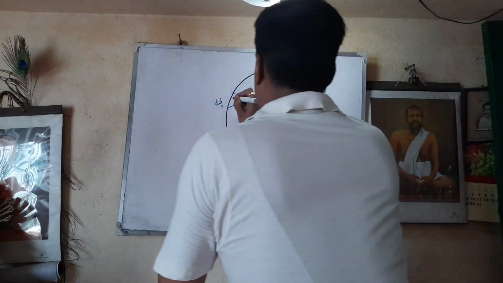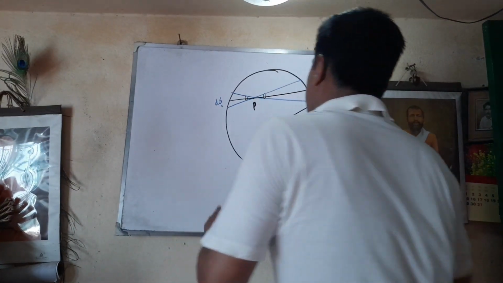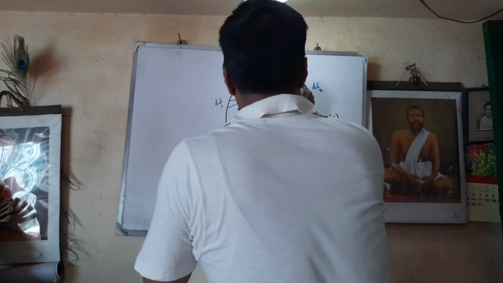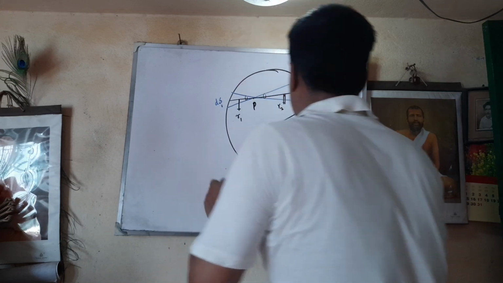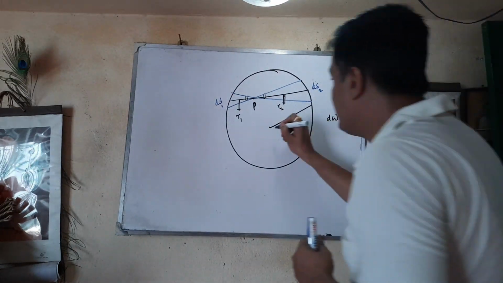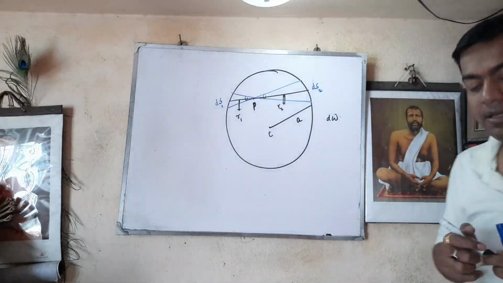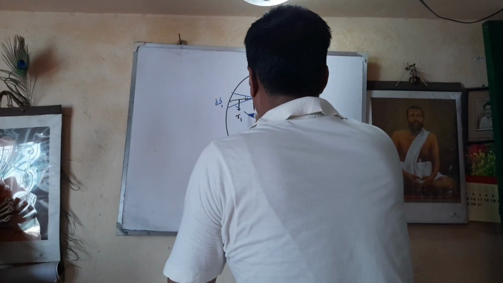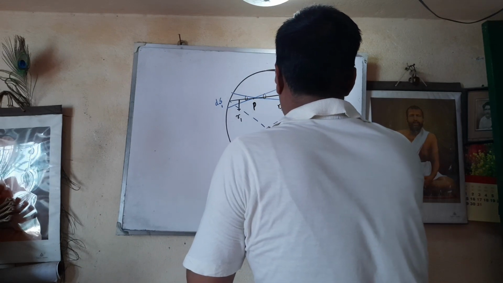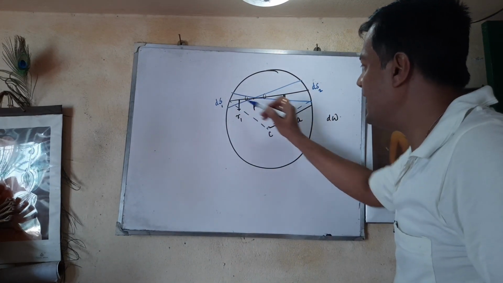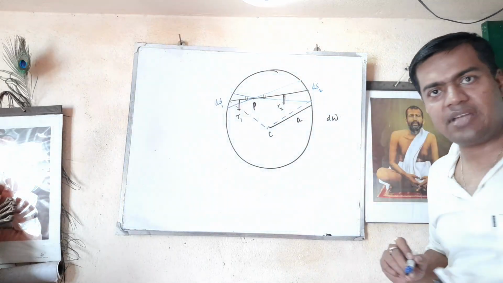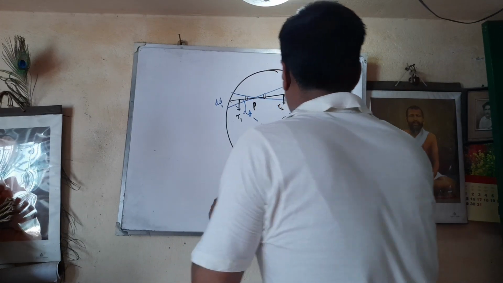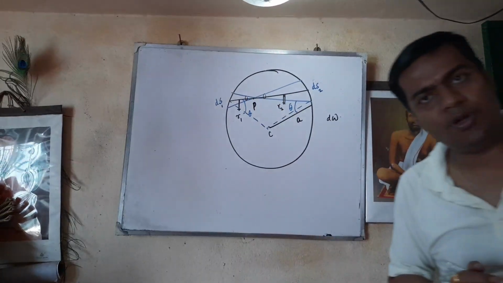Now, let this distance be r1, and this distance be r2. This is the center of the spherical shell. Now, let us join these points. This is a radius, this is also another radius, these two sides are the same. So, if this angle is theta, then this angle will also be theta.